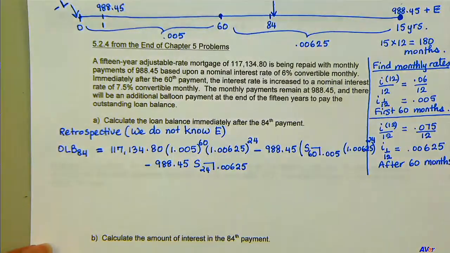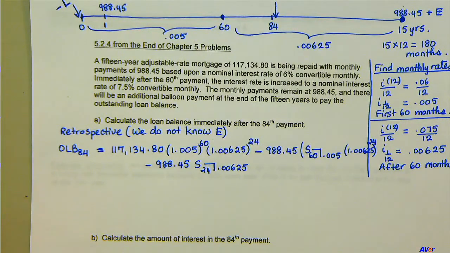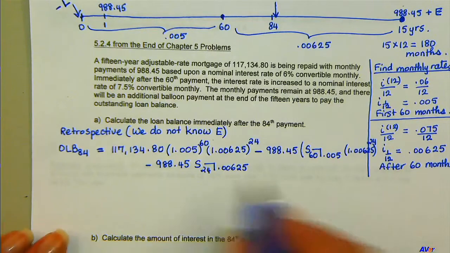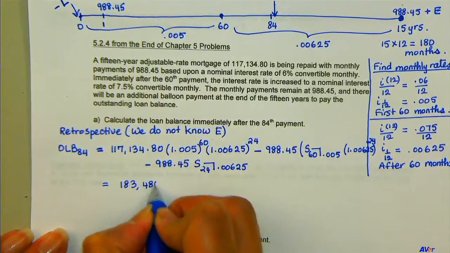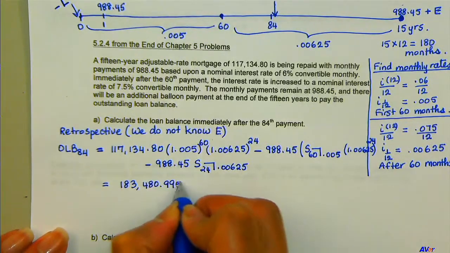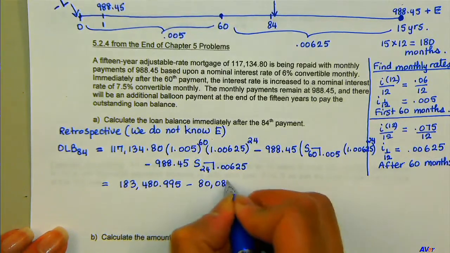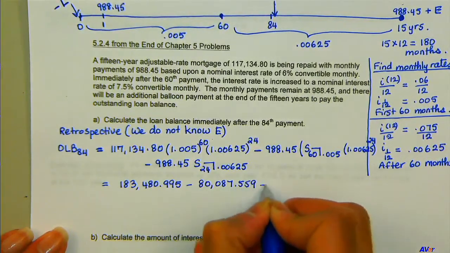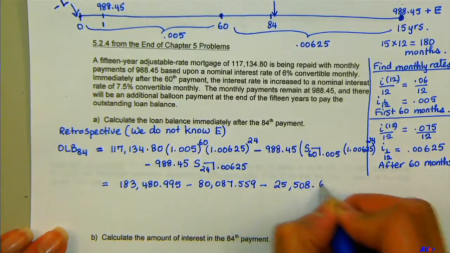What bothers you? Talk to me. Okay, when I clean this up, I got 183,480.995 minus, the next term gave me 80,087.559 minus 25,508.655.